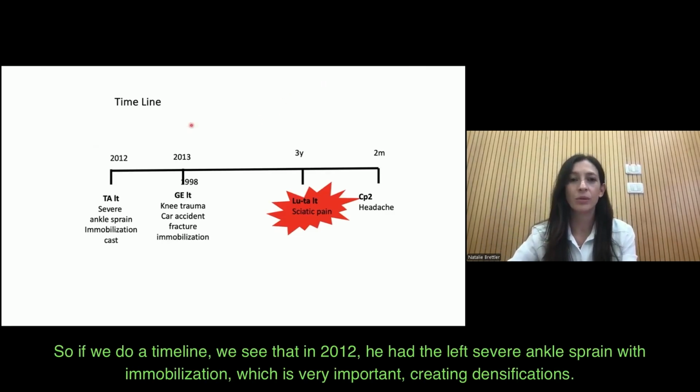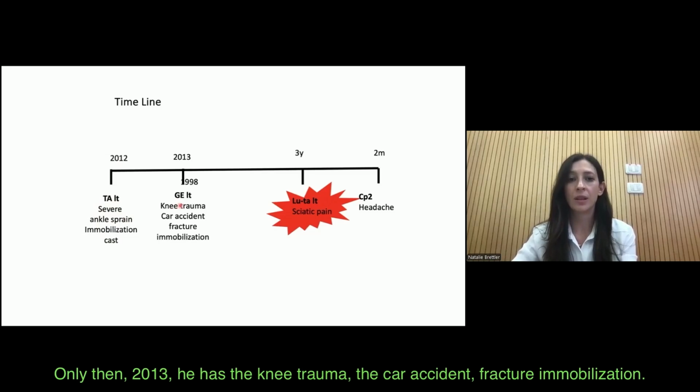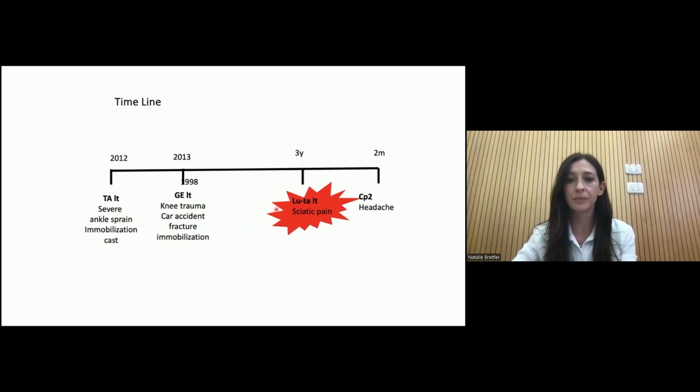So if we do a timeline, we see that in 2012, he had the left severe ankle sprain with immobilization, which is very important, creating densifications. Only then, in 2013, he has the knee trauma, the car accident, fracture, immobilization.